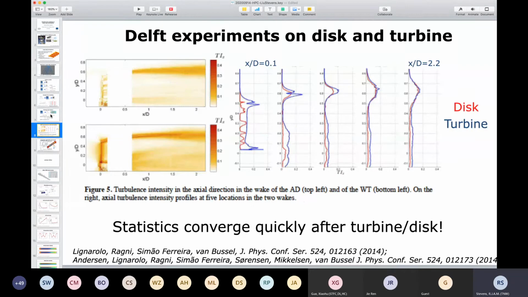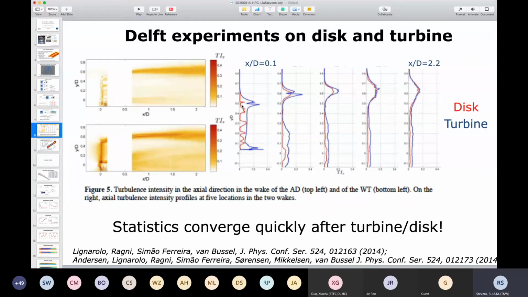We also want to see what the difference is between wind turbine simulations and actuated disks. Here there's some comparison performed in Delft, based on wind tunnel experiments of both an actuator disk and a turbine. With an actuated disk approach, we see that a disk gives very different flow statistics in the very near wake, in the left plots over here.